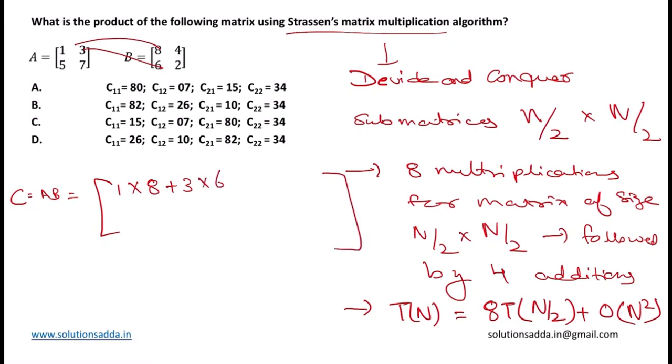Similarly, 1 cross 4 plus 3 cross 2. 5 cross 8 plus 7 cross 6, and finally 5 cross 4 plus 7 cross 2.